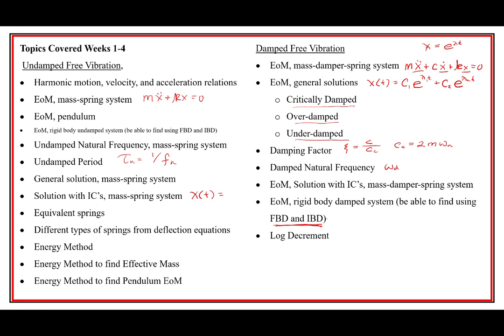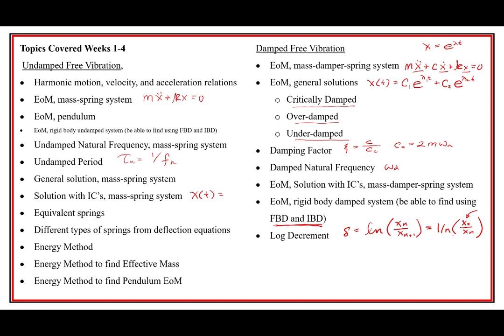Log decrement: natural log of xn over xn plus 1. So you take a look at the peak values, and you can also go 1 over n times the natural log of X0 over Xn, where this is the initial peak and this is any peak after the initial one.